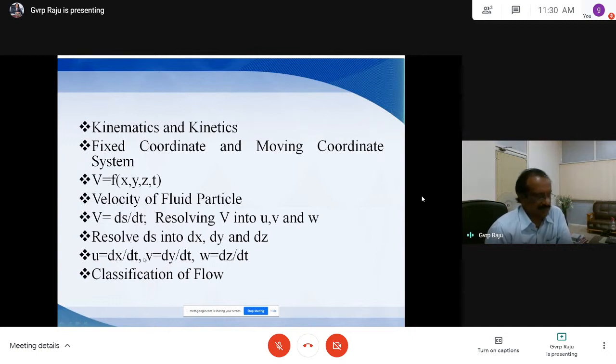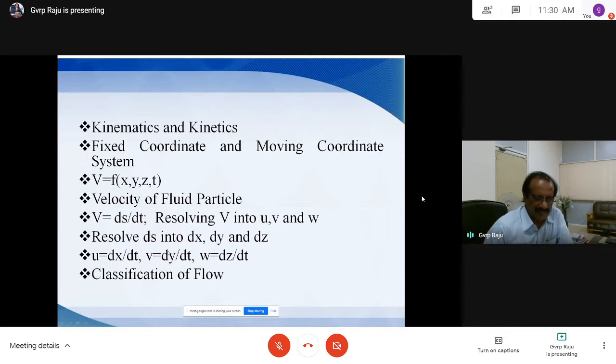Similarly, take v, the velocity component in the y direction, which is equal to limit dt tends to 0, dy by dt.